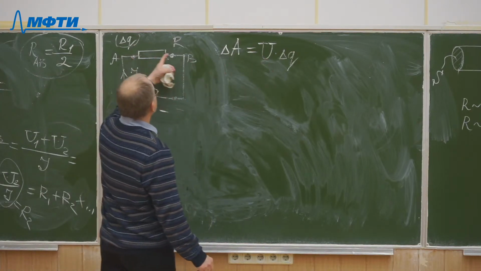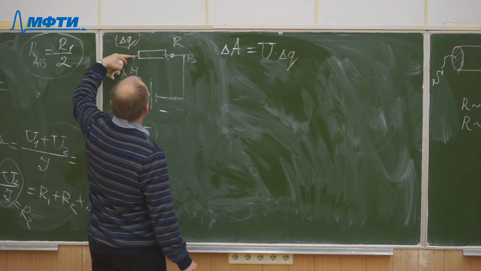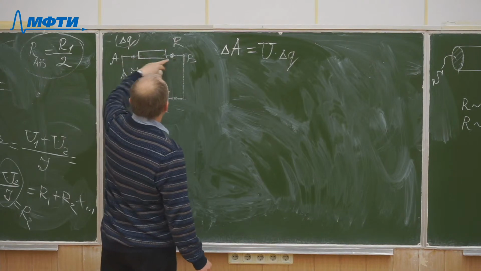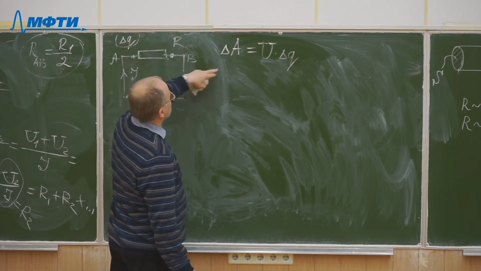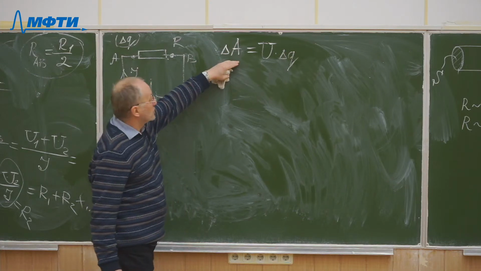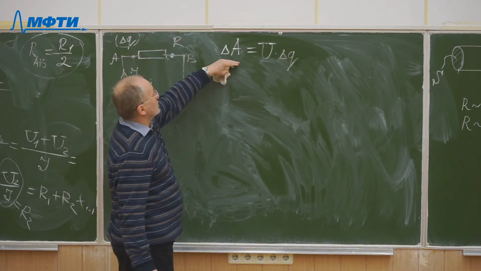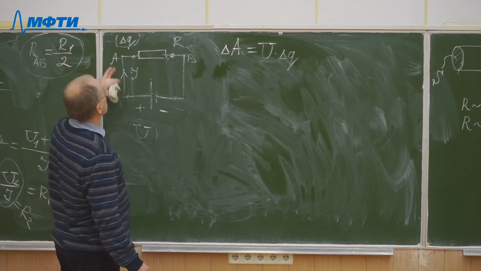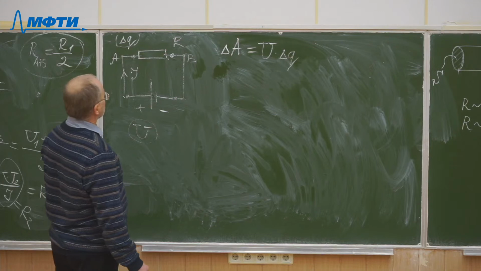If some charge goes from point A to point B, where there is a potential difference between these 2 points, then some amount of work is produced. Who produces this work? An electric current and electric field which is present here.